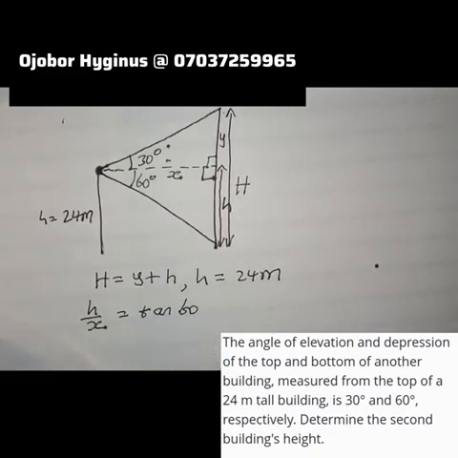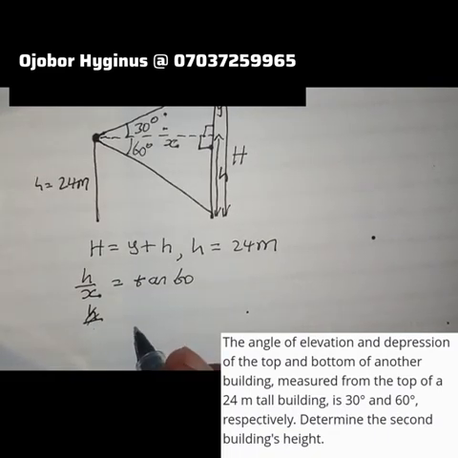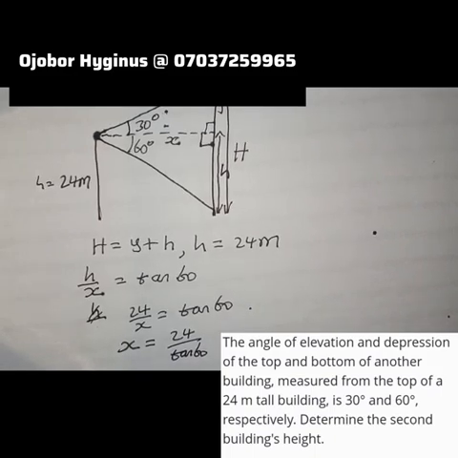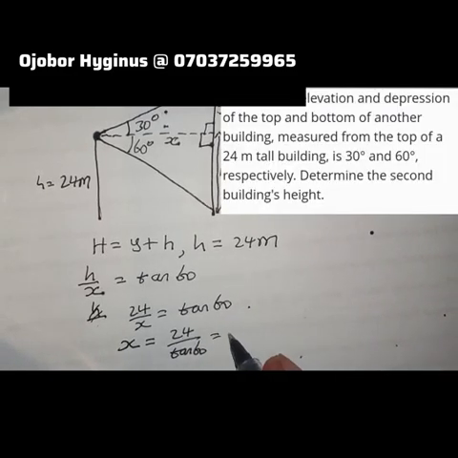Our h is 24, so I would say 24 over x is equal to tan 60. And when you make x the subject of the formula, you will have 24 divided by tan 60. And what is tan 60? Tan 60 is root 3, so x is 24 over root 3.